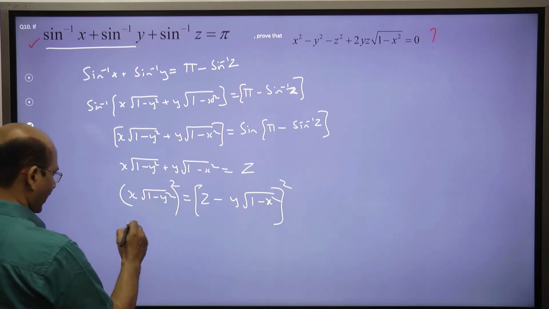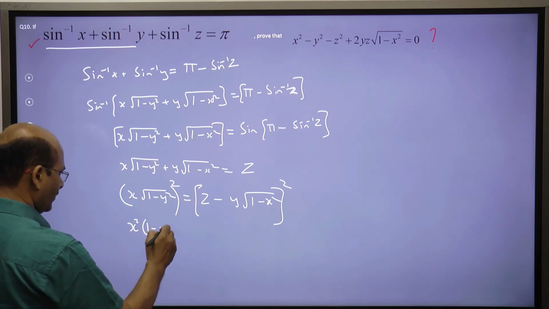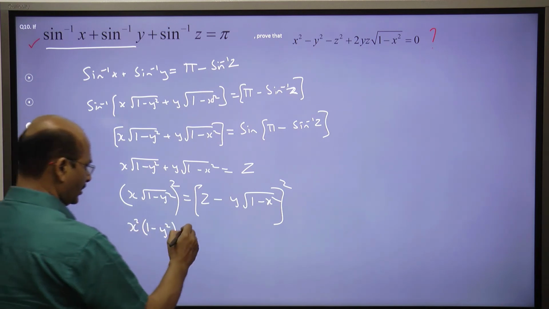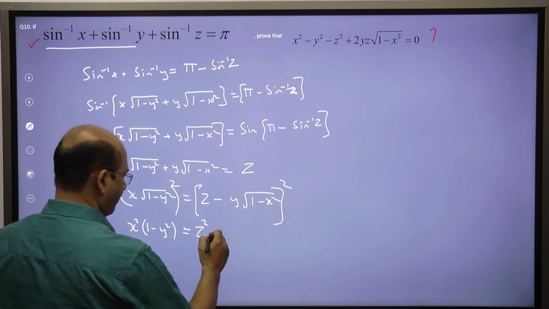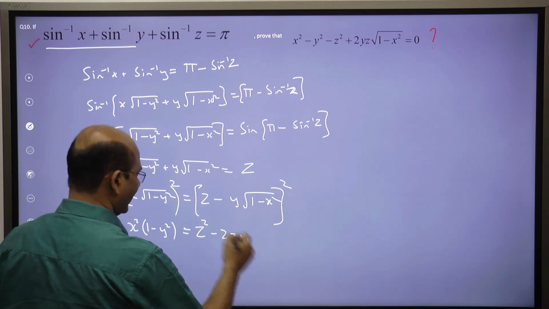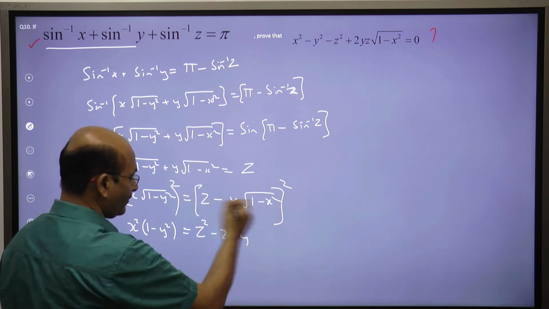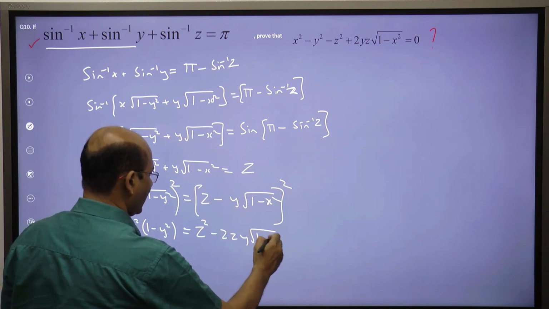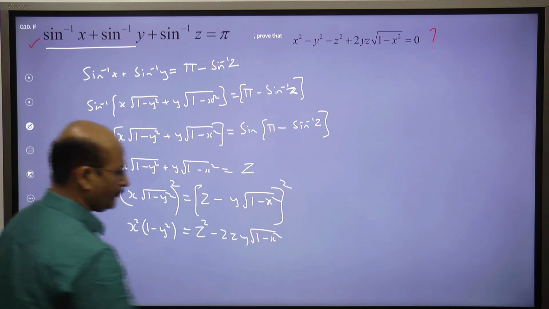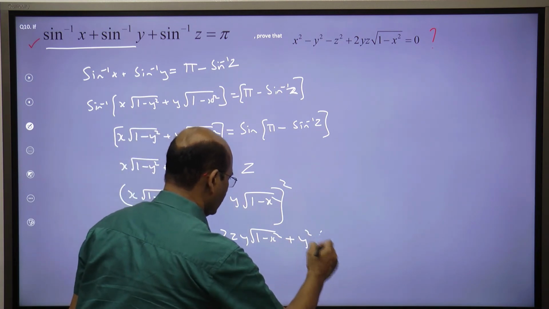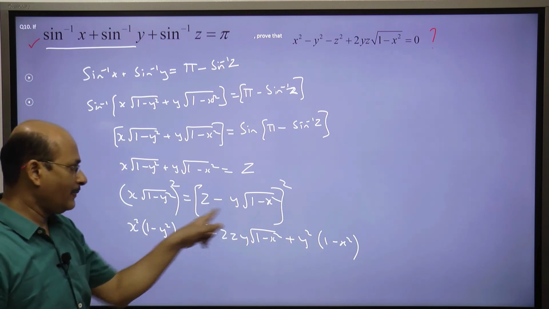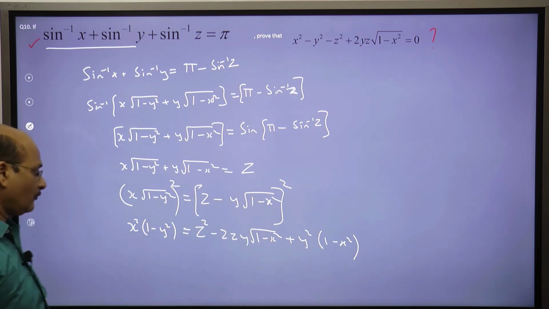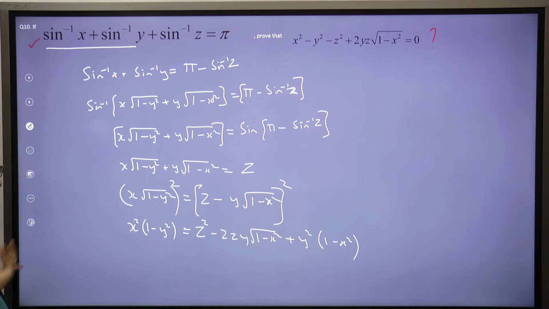So this will become x square into 1 minus y square is equal to z square minus 2zy root of 1 minus x square plus y square into 1 minus x square. A minus b whole square is a square minus 2ab plus b square, apply the identity formula. Once you finish with this, my job is over.